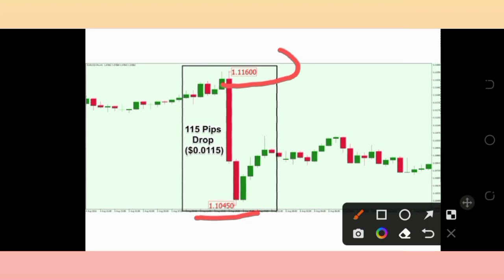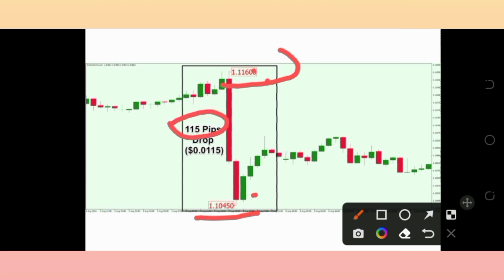What is the PIP drop or gain here? The difference in price will be the PIP. Because it's a red candle, it comes down, that means it's a drop. If you take this away from this, what do you get? You have 115. It's already written here.